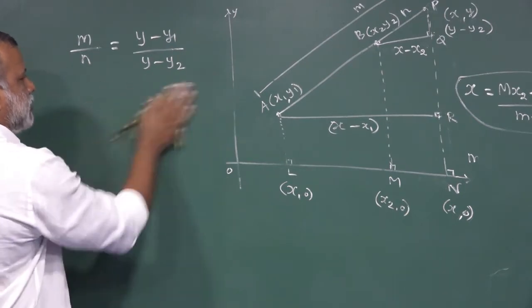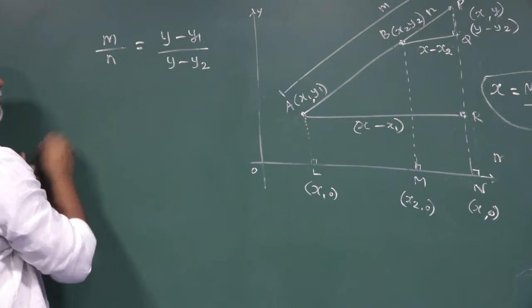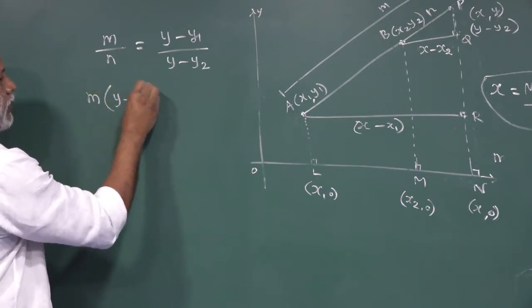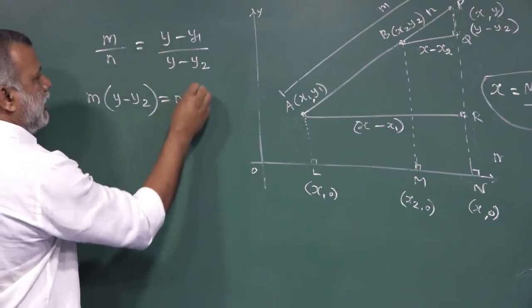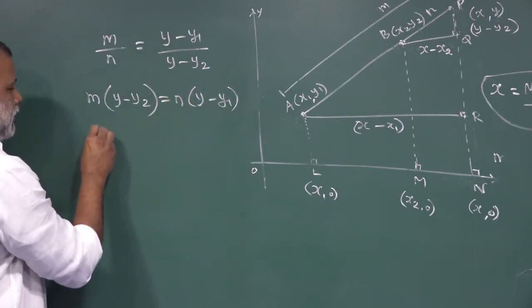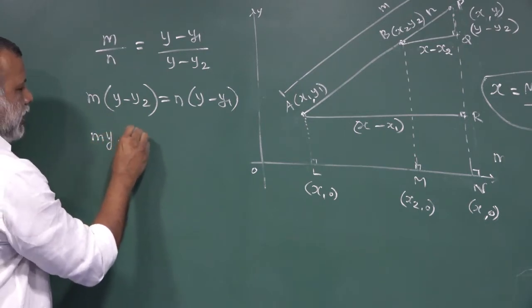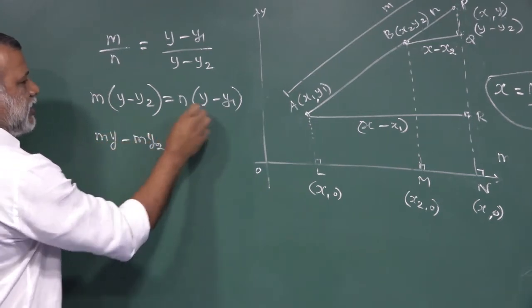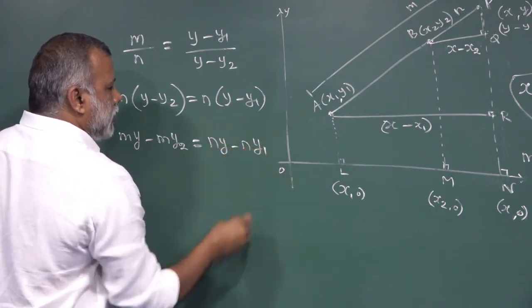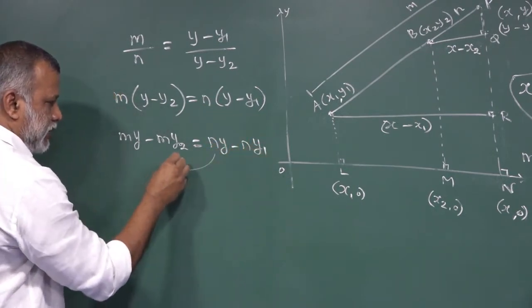See the same process. Just cross multiplying, we can get m times (y minus y2) is equal to n times (y minus y1). Just open the bracket. So my minus my2 is equal to ny minus ny1. Just interchange this ny to this side.